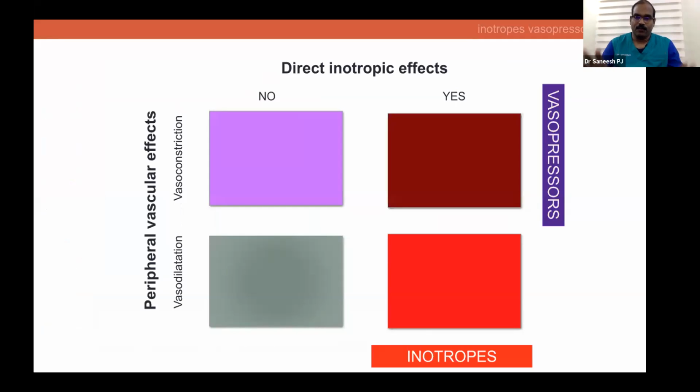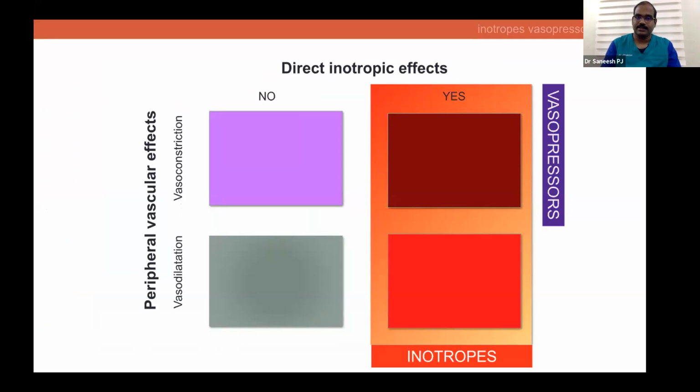So we have 4 categories of drugs. Only the one on the lower left column doesn't belong to our discussion today. These are vasodilators. So on the right half we have drugs with direct inotropic effects. If you see, there are drugs with only inotropic effects with some vasodilatation in the lower part, and inotropic drugs with vasoconstriction, vasopressor activity in the upper half.